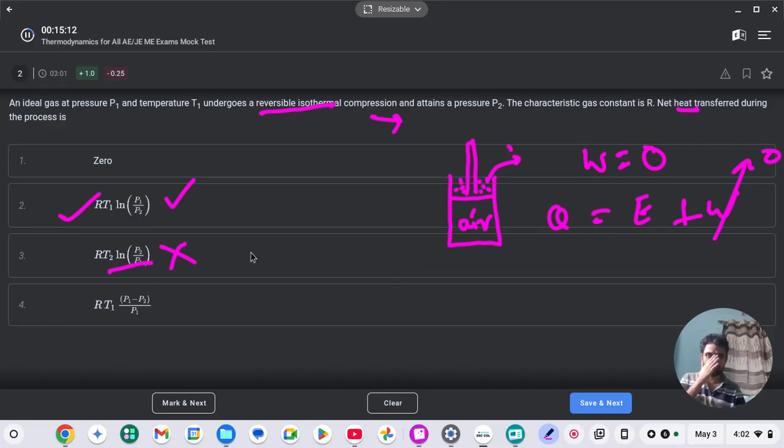Suppose someone has a doubt about where this logarithmic term is coming from. We all know work done is minus PdV.